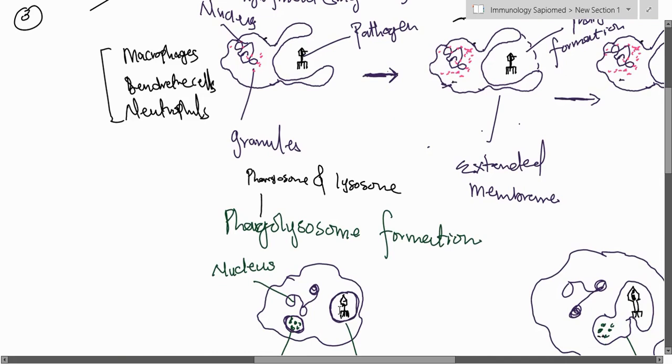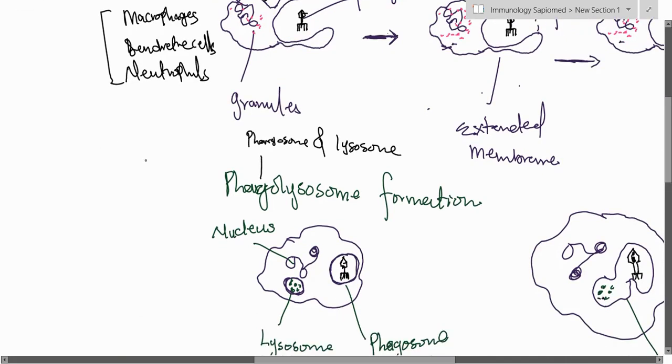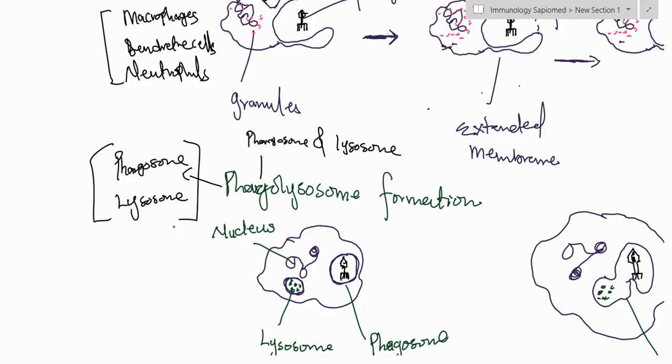As you can see, from the word phagolysosome we can derive two words: phagosome and lysosome. So the main purpose of this stage is to fuse the lysosome and the phagosome together to form what we call a phagolysosome.